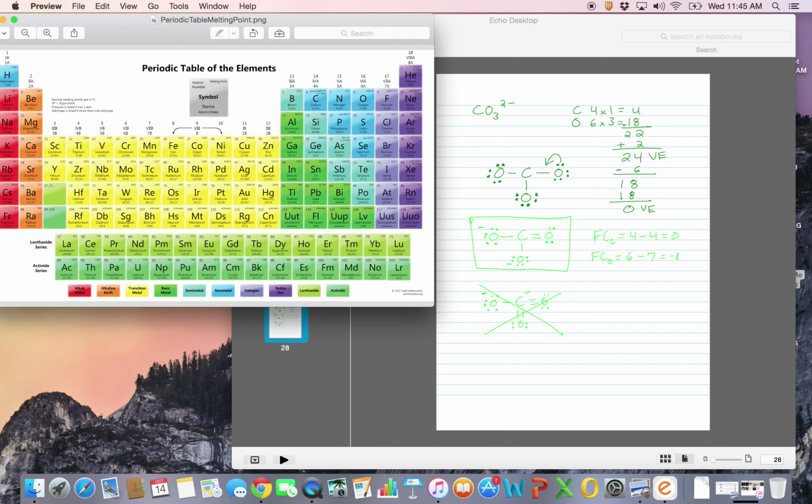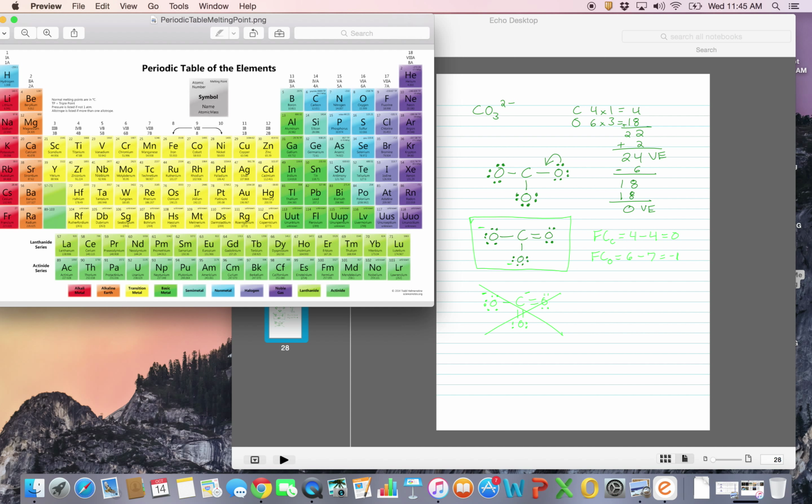In this case, all of the oxygens have the same amount. That will leave us with a double bond to this oxygen, single to the rest. Now we have octet fulfilled on all atoms.